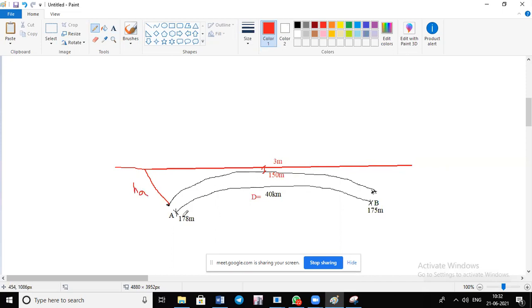The difference between 178 and the minimum required height, which is 150, and it should not pass the minimum 3 meters above that.